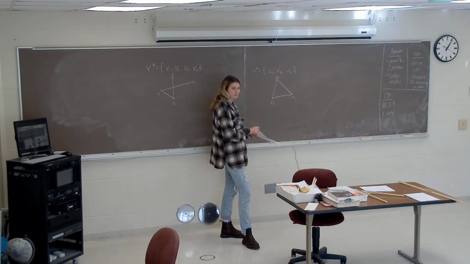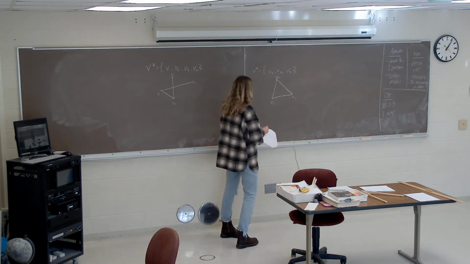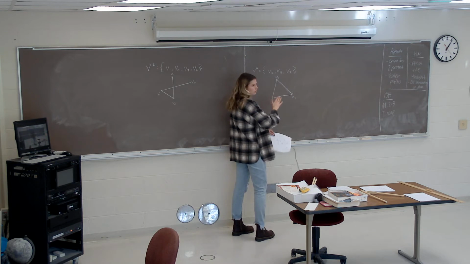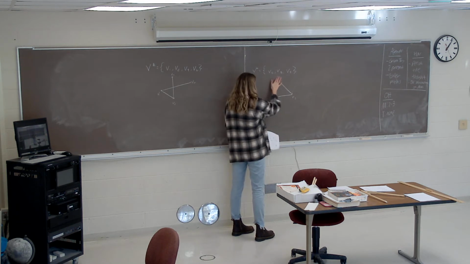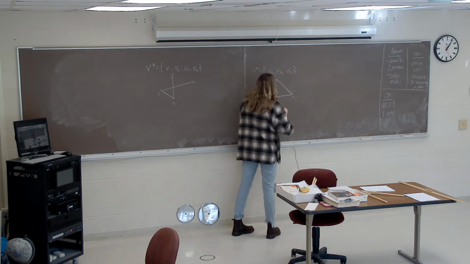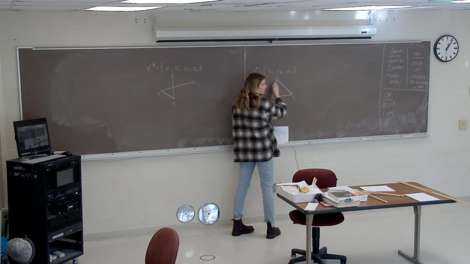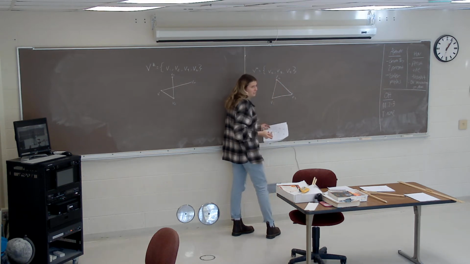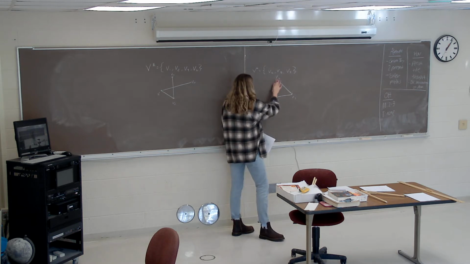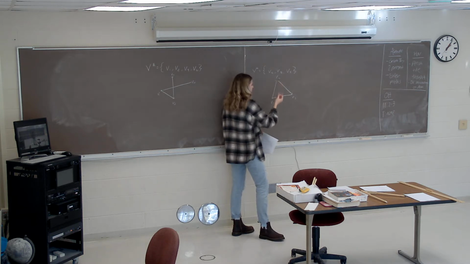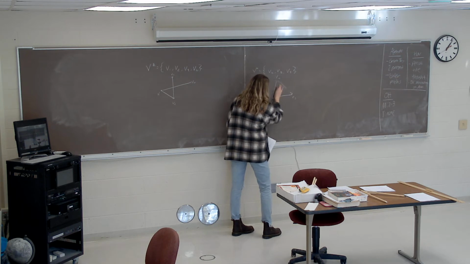So you'd have to erase one edge, right? Yeah, any one. Not a vertex, one of the edges, the whole line. So it'd just be one.